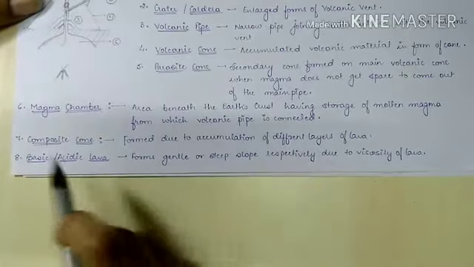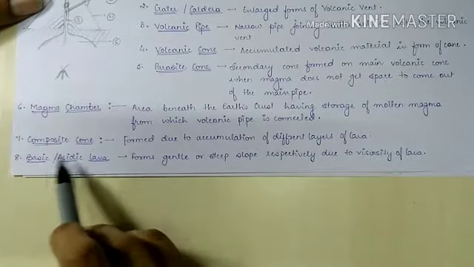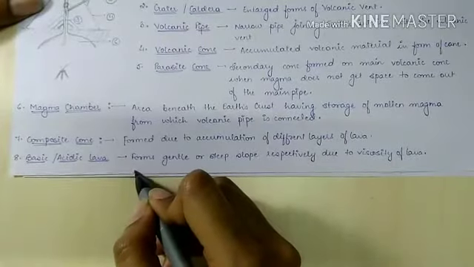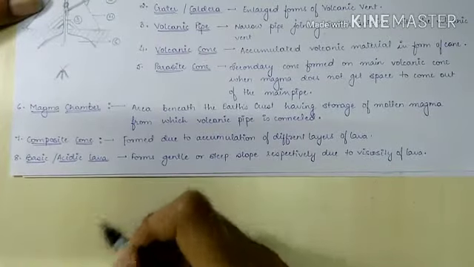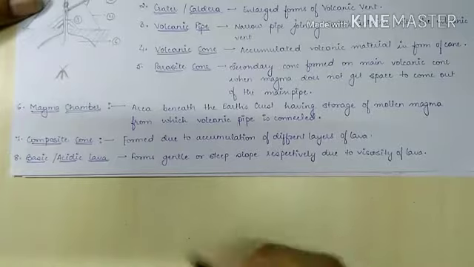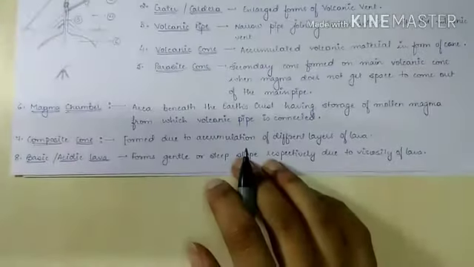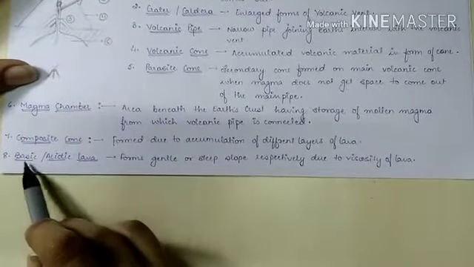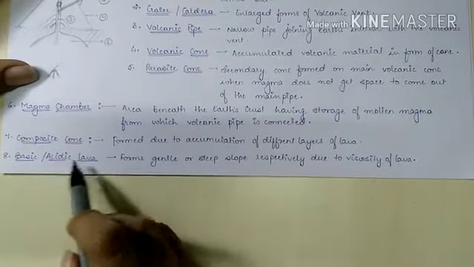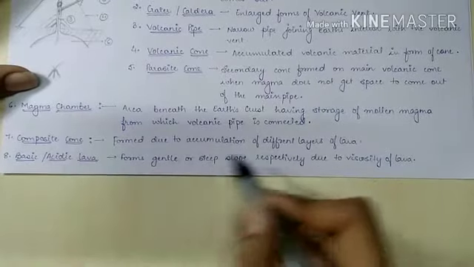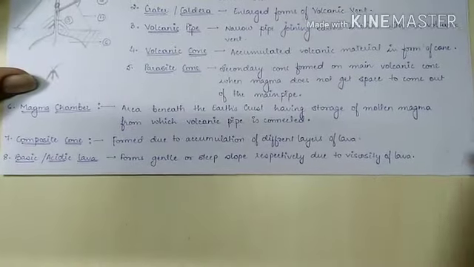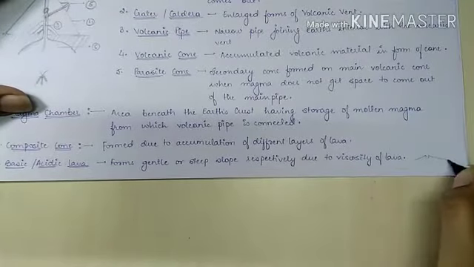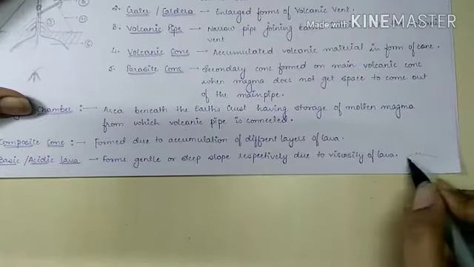Next is acidic lava and basic lava. Basic lava is the one where the lava consists of less silica, because of which it is less viscous and flows easily. So the cone formed will have a very gentle slope.